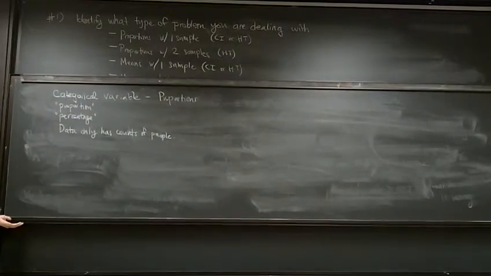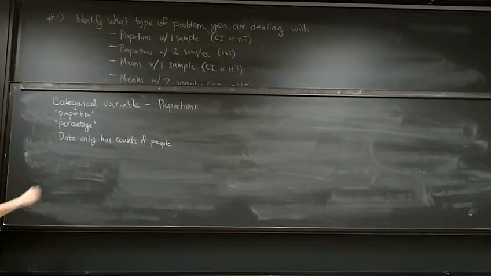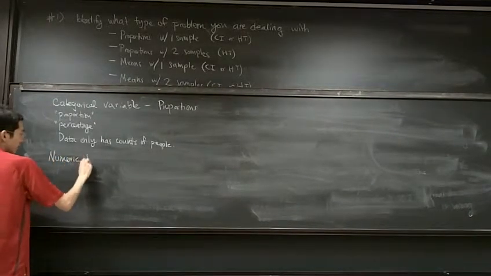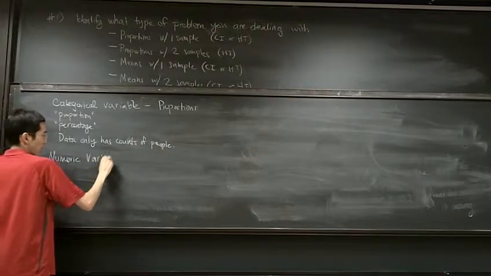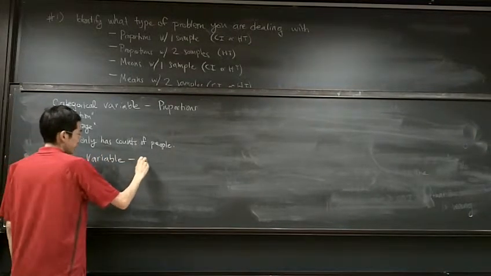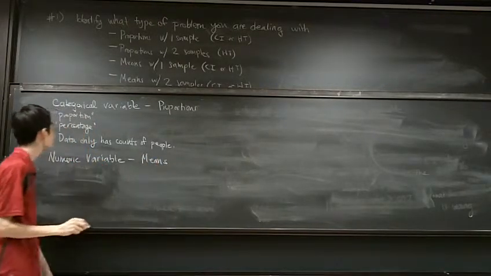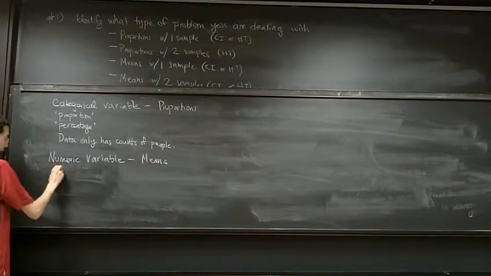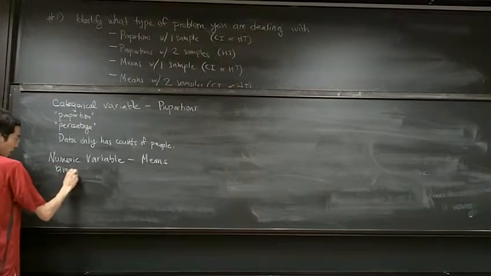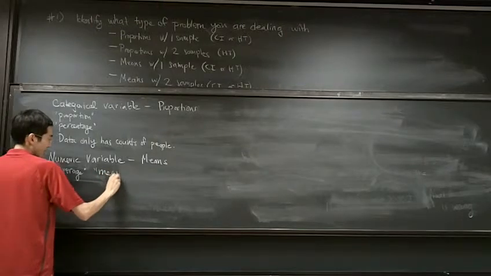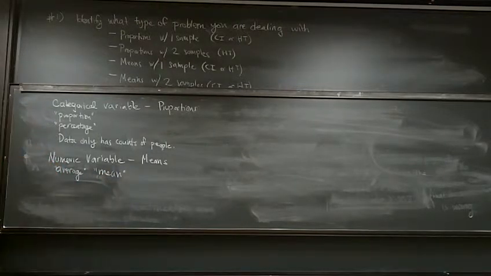On the other hand, if you have a numeric variable, you will be dealing with means. If you see words like average or the mean in your problem, you're dealing with means.